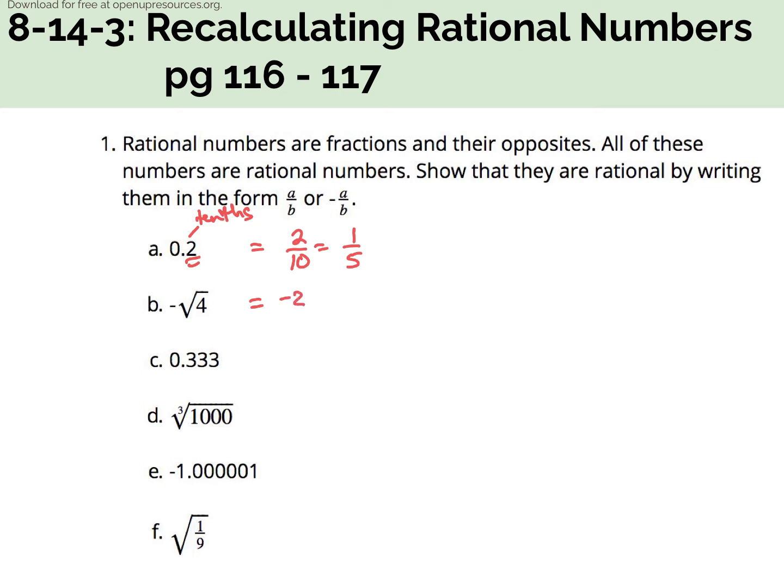And how do we take a whole number and make it a fraction? We do it over 1. All right, C. This is the thousandths position, so it's 333 over 1,000. And you can check these: if you do 333 divided by 1,000, you should get 0.333 as your answer.